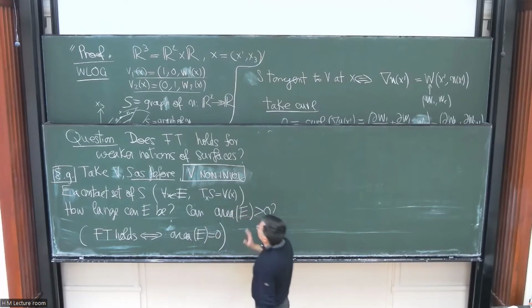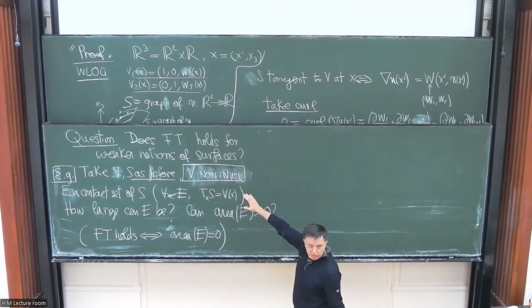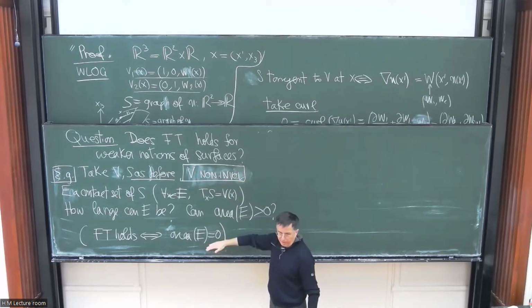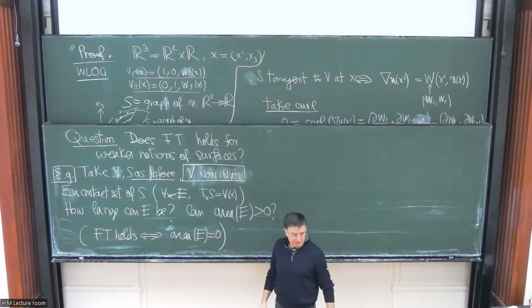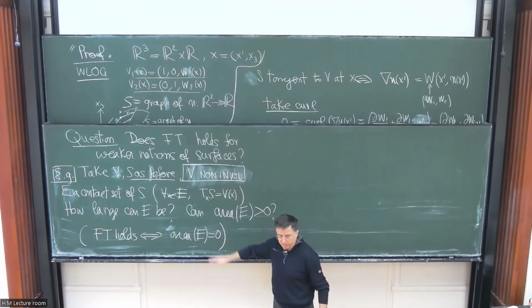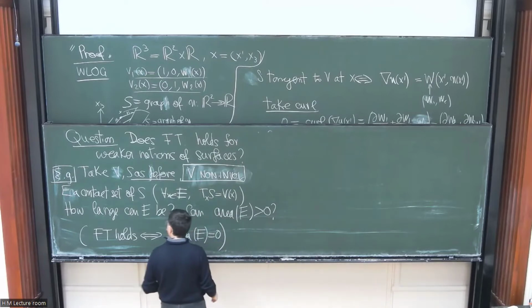Okay, because that's what should happen if you believe in Frobenius theorem. You have a non-involutive distribution, then the contact set cannot be large in the sense that it must have area 0. So from now on, when I say Frobenius theorem holds, I mean that I can prove this. Okay. So this is the meaning.